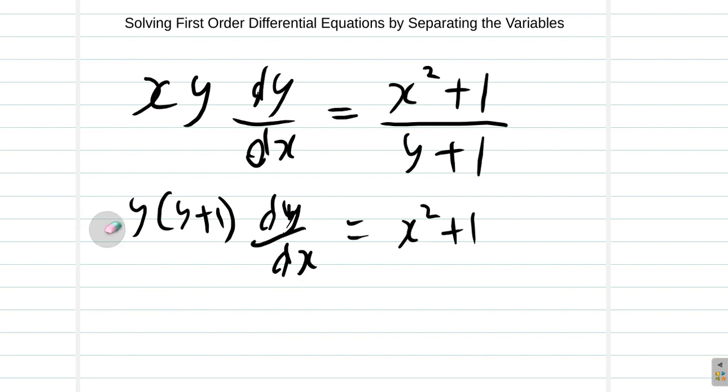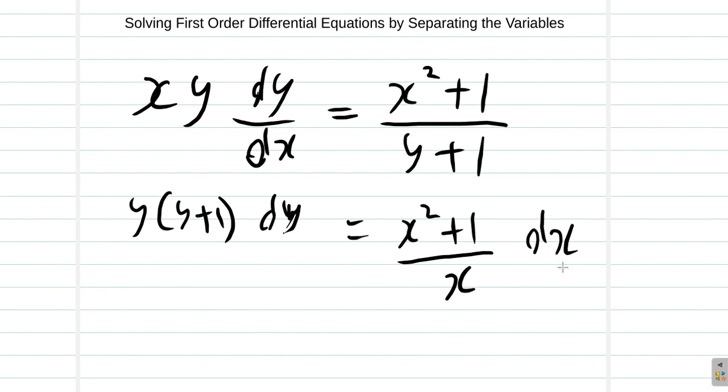So x would divide itself over here, and this is over x. And you multiply by dx. So what you'll have is dx. Alright, so you have y plus 1 dy equals x squared plus 1 over x dx.